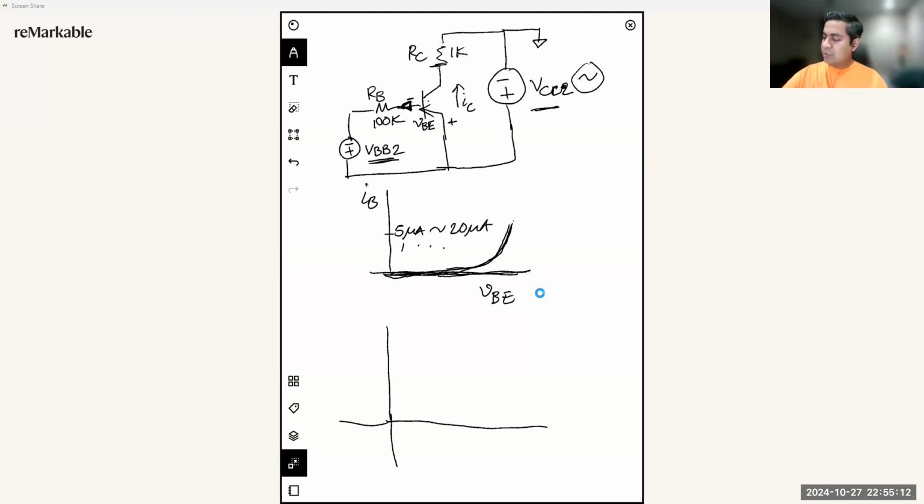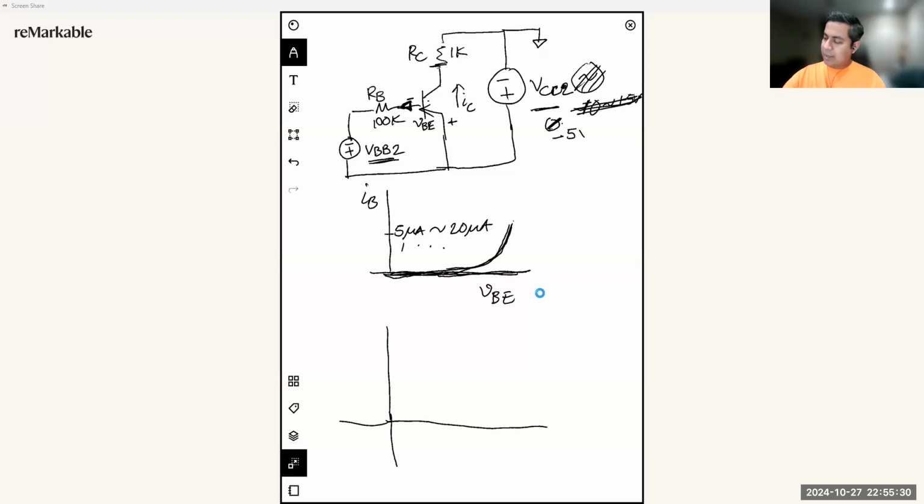So the VCC will sweep from negative 10 to positive 5 volts. Or I think, yeah, scratch that.